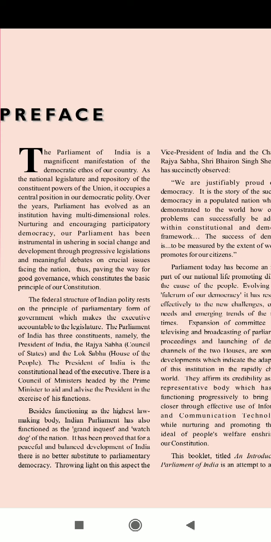So these are the three important constituents of our parliament. And we have got the Council of Ministers, which is headed by the Prime Minister, who is going to help in giving suggestions and also advise the President in taking decisions for the nation and exercise of his functions.